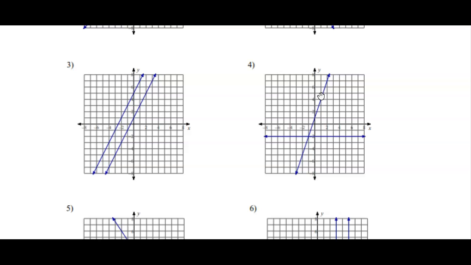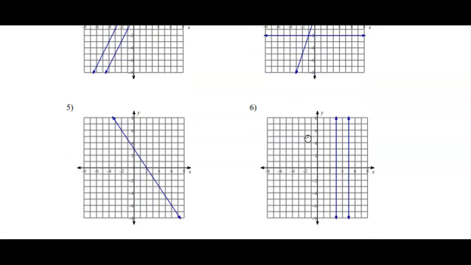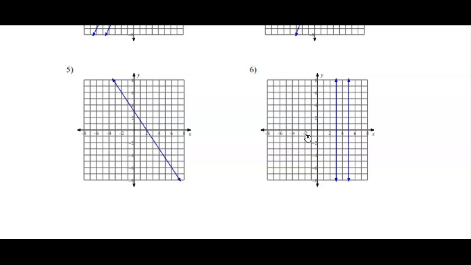Number four, they are intersecting, one solution and independent. Number five, we have one line, therefore they are dependent, coinciding, infinitely many.